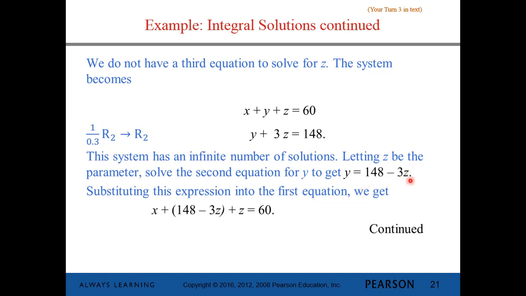So z is free to be any real number, and then y is determined by this rule. Okay? So y is a function of z in this case. Okay? And then we could substitute this into the first equation, and then we get this here.